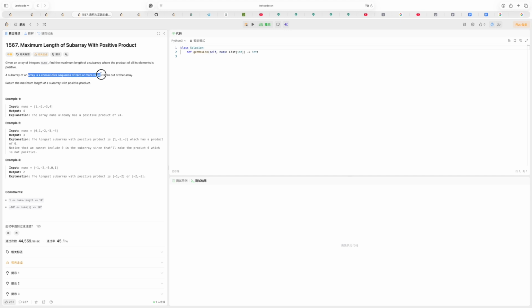Okay, so it can have an empty array. Return the maximum length of a subarray with positive product. The length of the nums array is at least 1, and there will be negatives, zeros, and positives in the array.